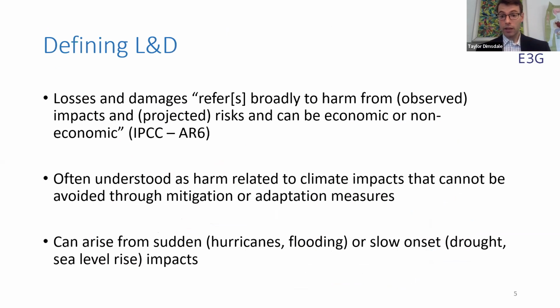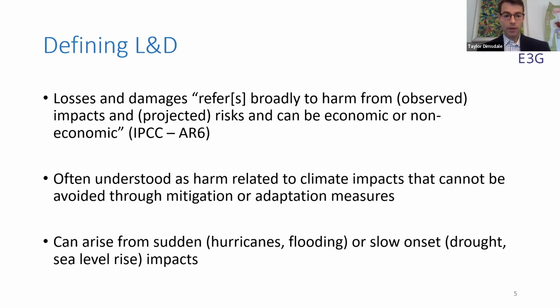You hear about averting, minimizing, and addressing loss and damage, which is the language used in the UNFCCC. Averting being, you avoid it entirely through emission reductions. Minimizing being, you implement certain adaptation measures to minimize the harm. And addressing loss and damage is all the residual risk that's left over, so what you can't deal with through mitigation or adaptation.